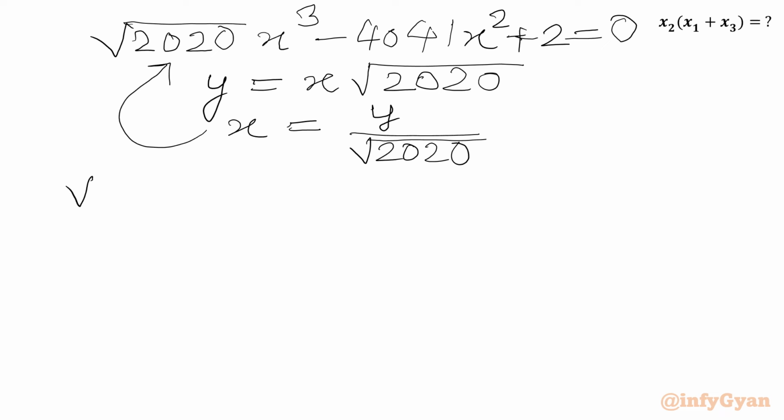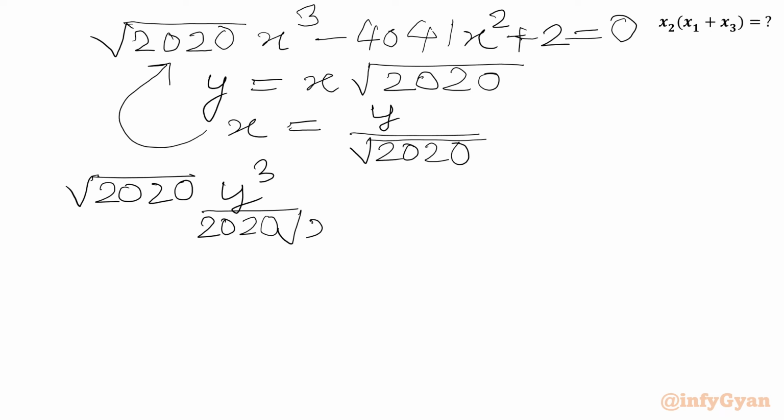We will get square root 2020 times x cube. So we'll be writing y cube over the cube of square root 2020. We can write 2020 square root 2020, minus 4041 times x square.